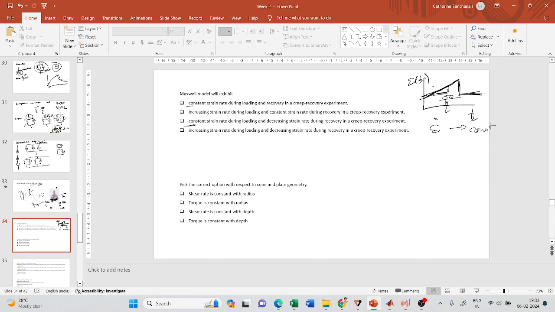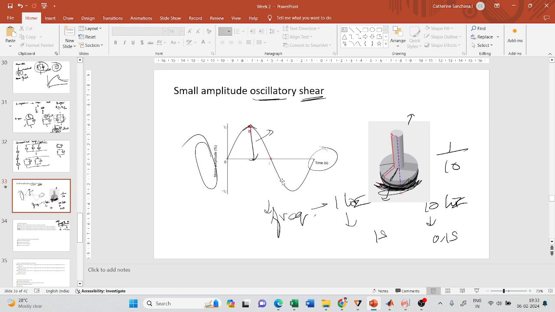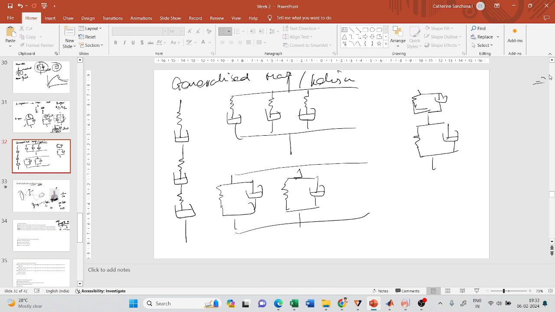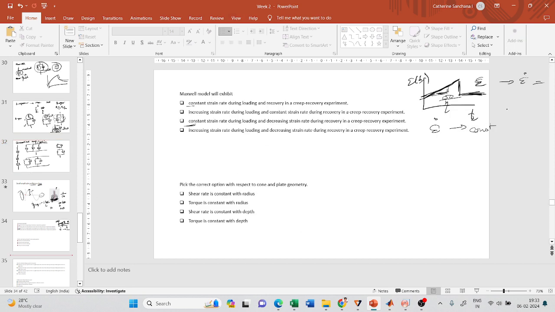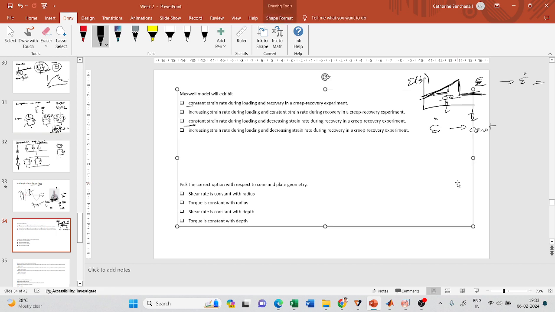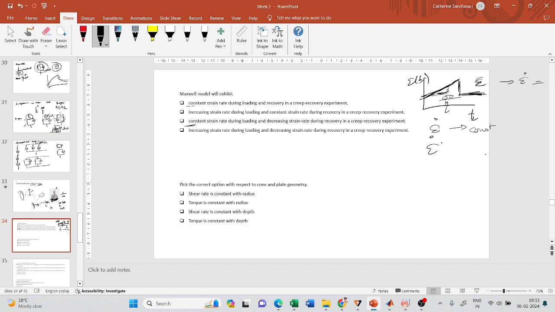Now, after recovery, what happens? So after recovery, the strain is constant, which means the strain rate is zero actually, right? So zero can also be said as constant.